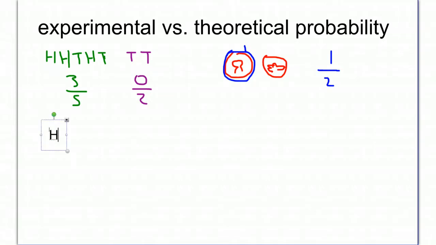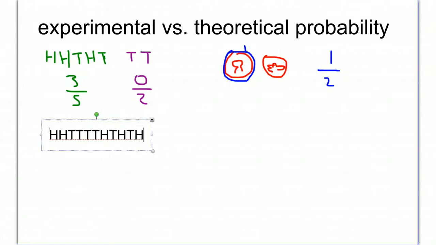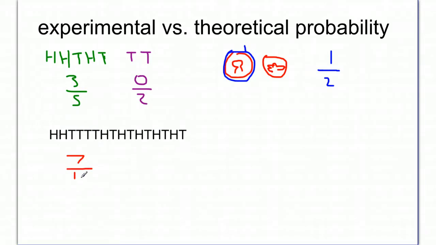I could do heads, heads, tails, heads, heads, heads, heads, heads, tails, whatever. And let's see how many I got. I have 1, 2, 3, 4, 5, 6, 7 heads out of 1, 2, 3, 4, 5, 6, 7, 8, 9, 10, 11, 12, 13, 14, 15, 16. 7 out of 16 heads.